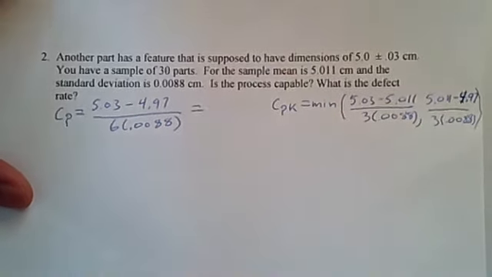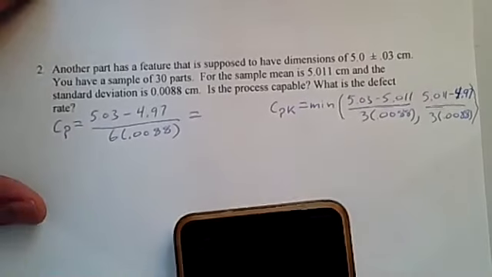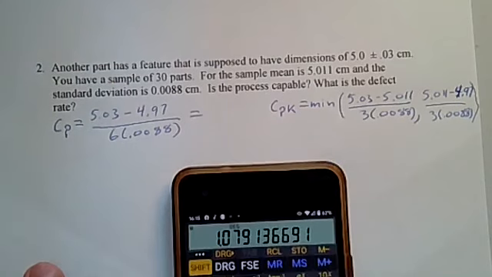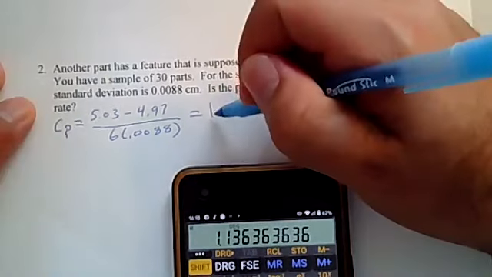All right, so now we can plug that into our calculator. Let's have it on my phone. 5.03 minus 4.97 divided by 6 divided by 0.0088 gives me a CP of 1.114.